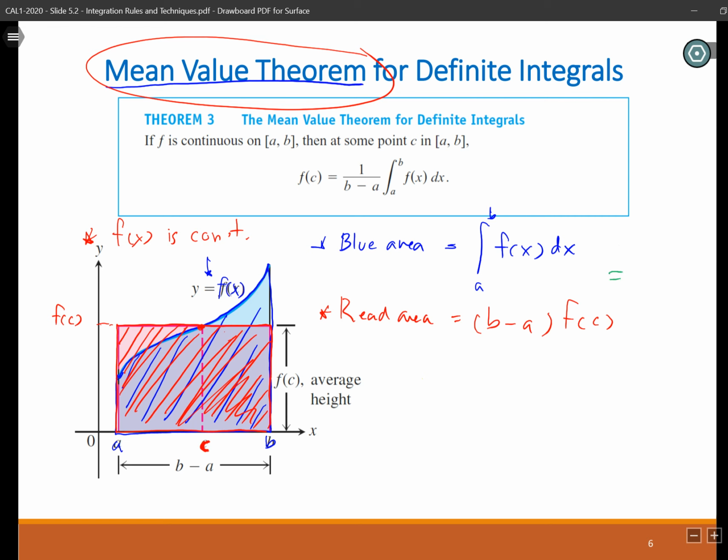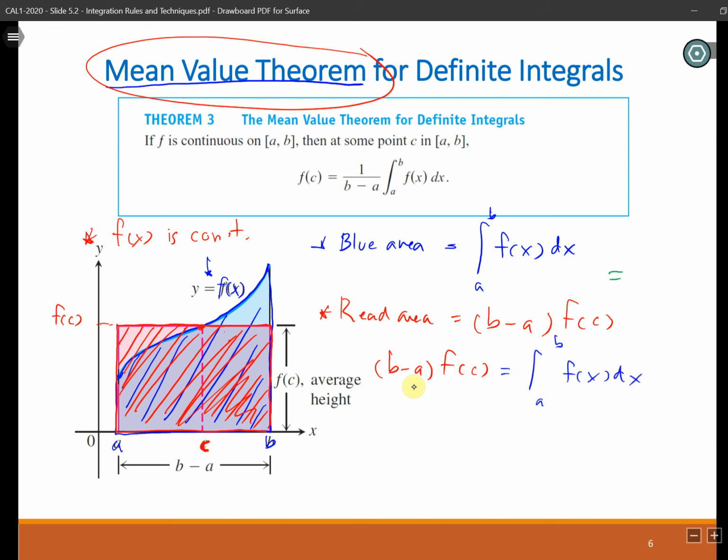Right, so in the end we have this (b − a) f(c). I should use red here. (b − a) f(c) is equal to the definite integral from a to b of f(x) dx.